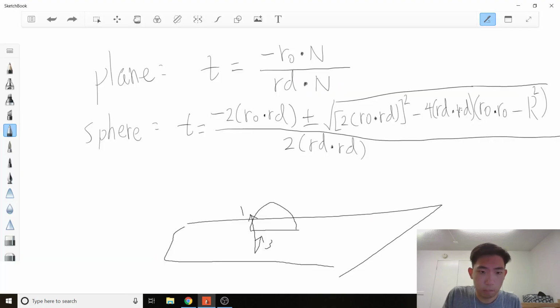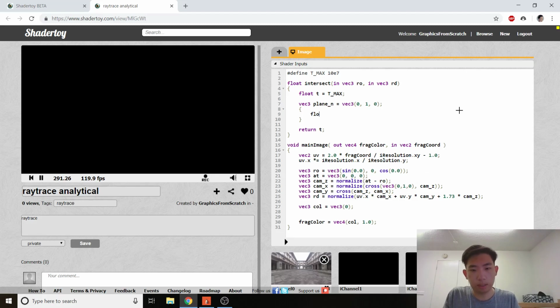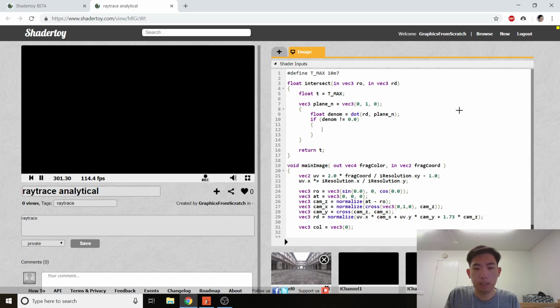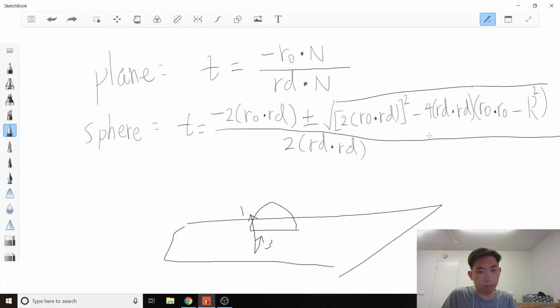So the denominator is going to be equal to the dot of the ray direction with the normal of the plane. If the denominator is not equal to 0, which means the ray is not completely parallel with the plane, there is a chance that it might intersect. So we can move on and compute the plane t, which is t if it ever intersects with the plane.